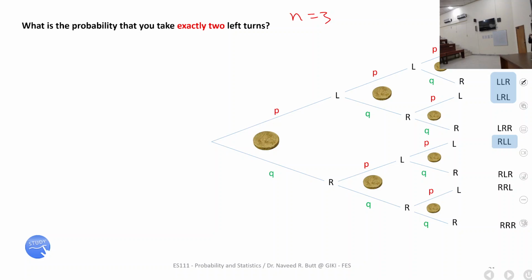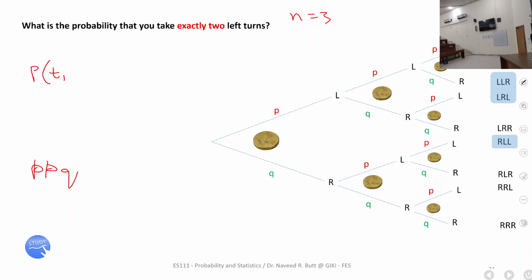What did you say? PPQ. Let's see if you're right. Again, what would be our attacking strategy? Probability that you take exactly 2 left turns. If I wanted to write it in probability, how would it be?